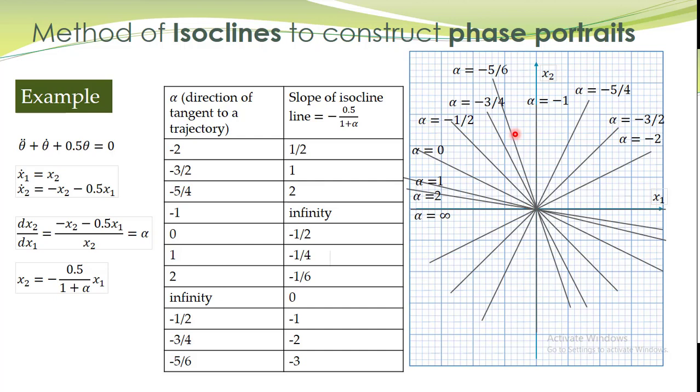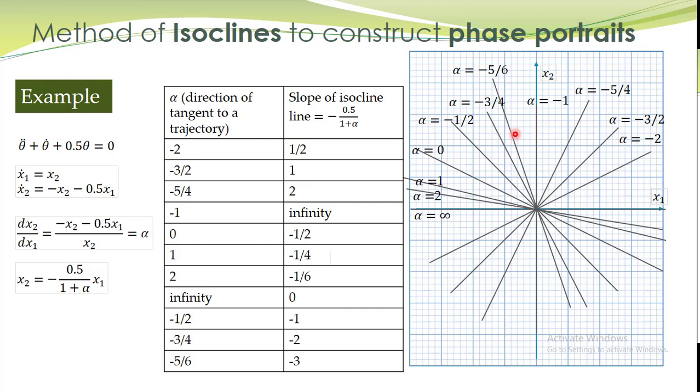So now I have a sufficient number of lines, and I can just use these isoclines to draw phase portraits for a given initial condition. So any question up to this point? Yes, you will get a grid, and using those grid lines you will be able to draw the phase portraits.